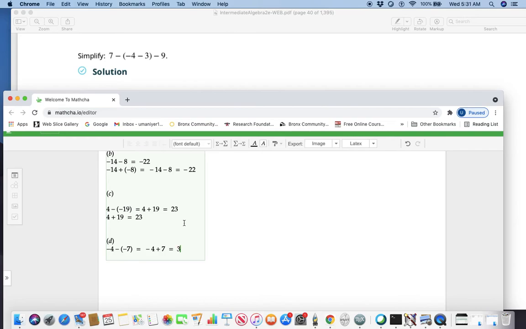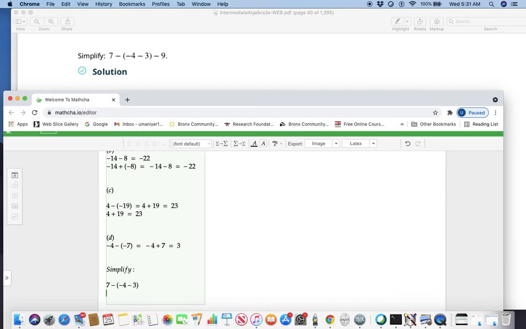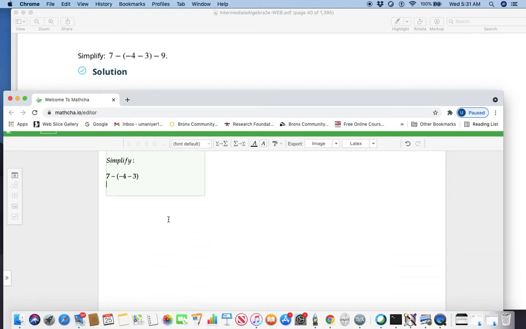Let's simplify. 7 minus negative 4 minus 3, all inside parentheses. So notice, parentheses first. So I will leave 7 minus outside as it is.